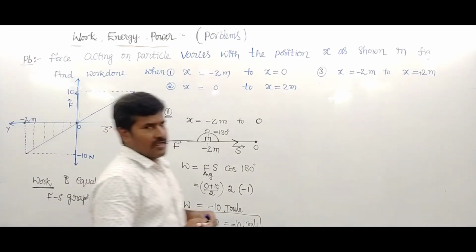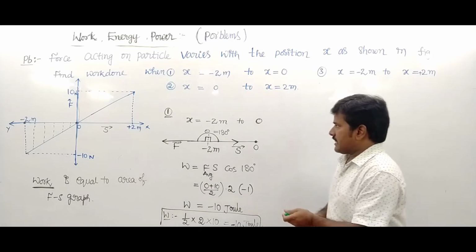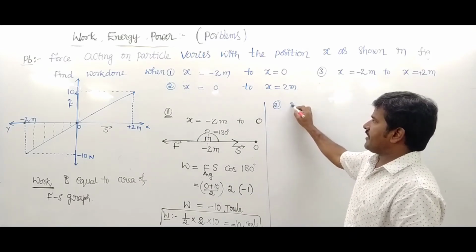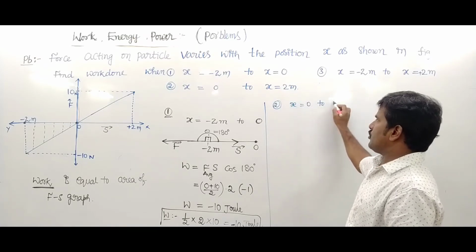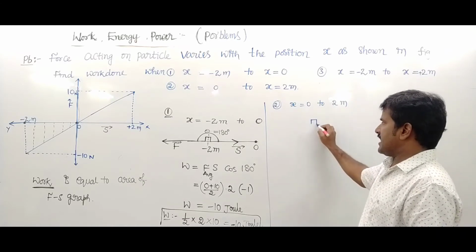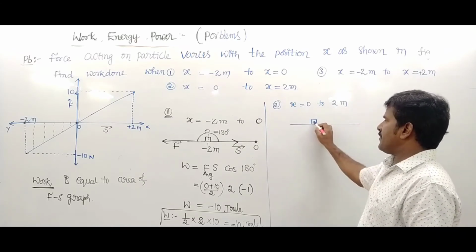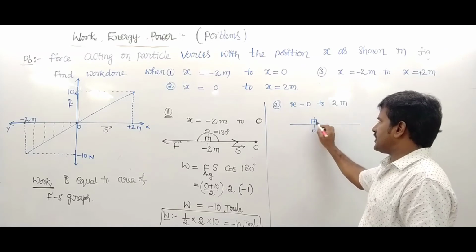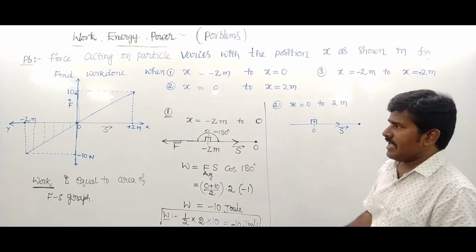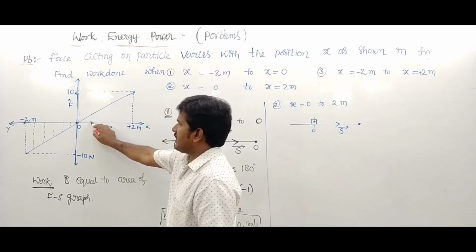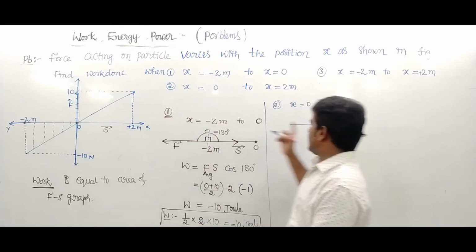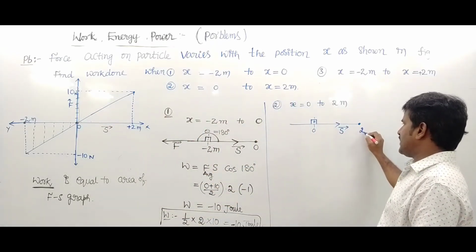Next, the second question. Here x equals 0 to 2 meter. That means this is the block, and the displacement is from the 0 position to 2 meter.